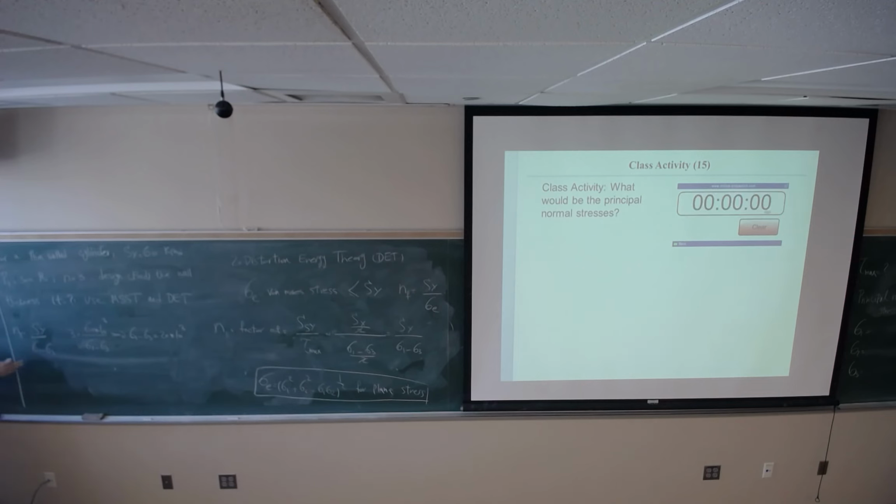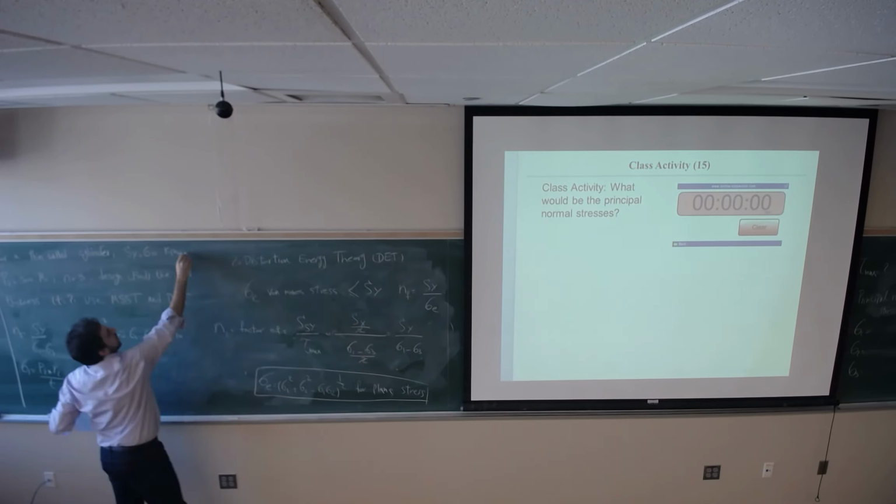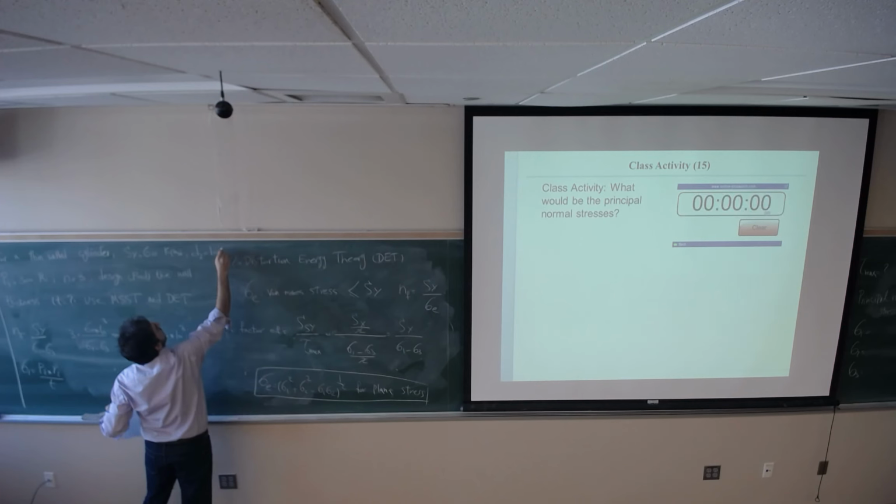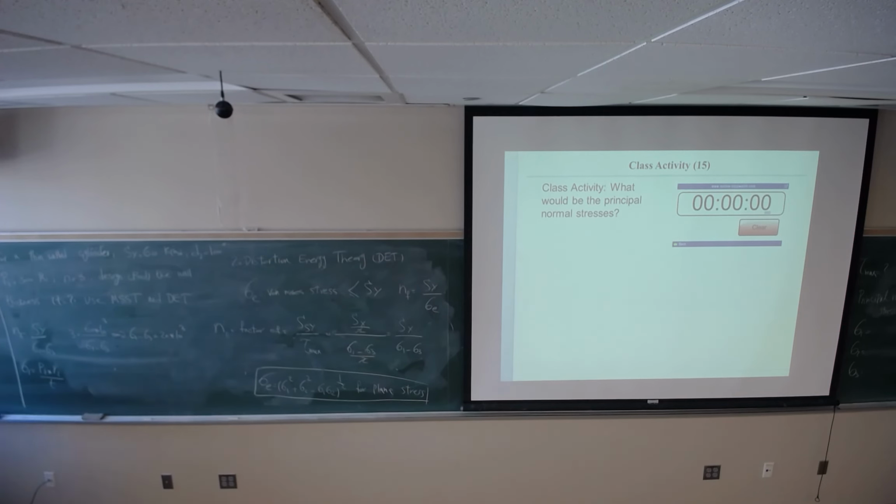What was sigma 1? Sigma 1 was this one, sigma 2 was this one, and sigma 3 was 0. So sigma 1 was pi times Ri divided by t. I forgot to say about the diameter. The inner diameter is 100 inch.